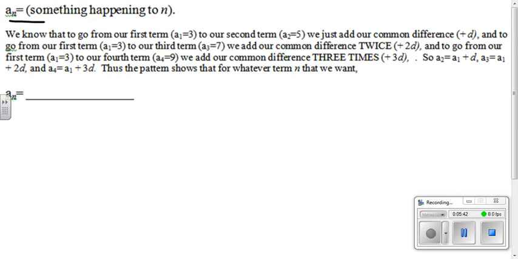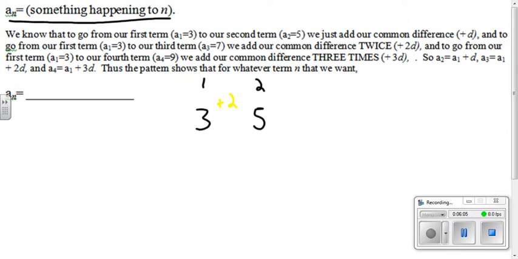If we want a sub n equals something happening to our n, we know that to go from our first term, 3, (I'll call it 1 up here for first term) to our second term, 5, we had to add 2. That's our common difference.